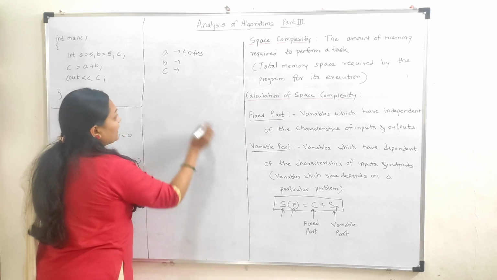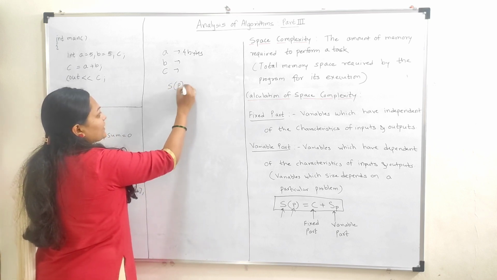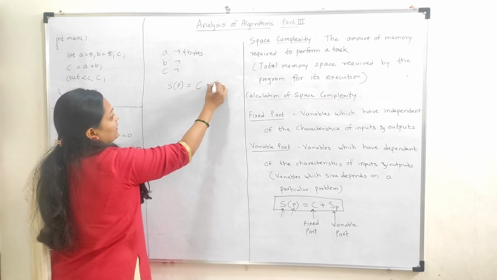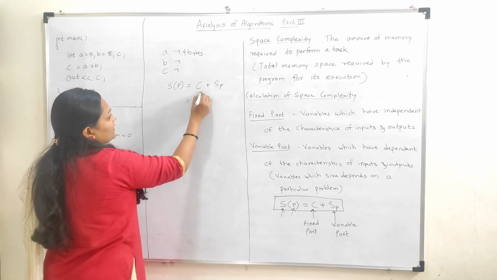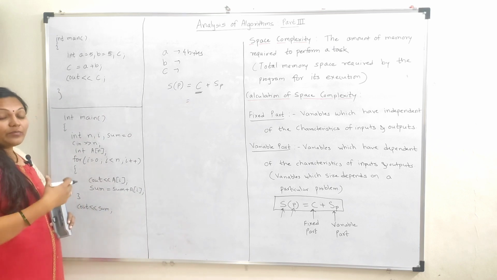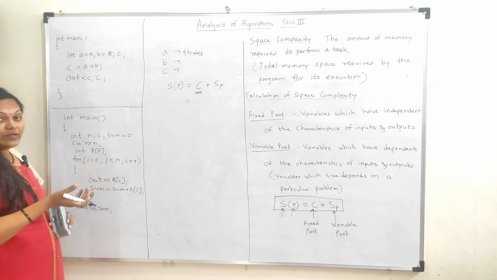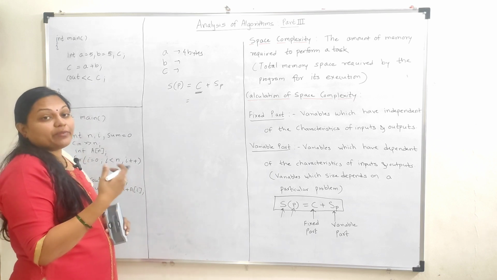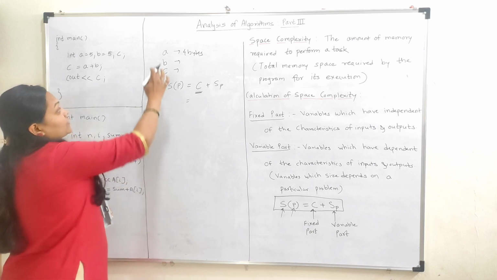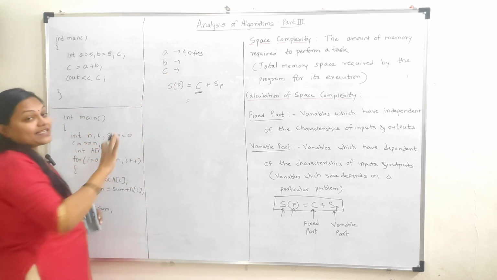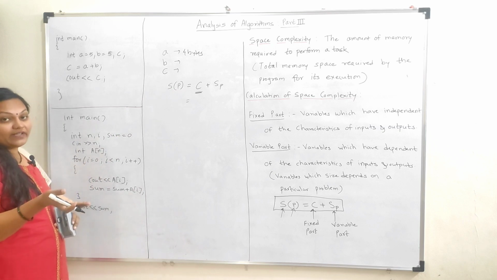We can write down the formula like this: S(P), the space complexity of this program, is equal to C plus S_P. So what is C? In C, we are going to consider the memory space required for variables whose size does not depend on other variables. These are the three variables whose size does not depend on another variable.